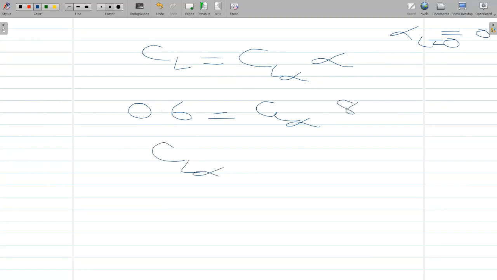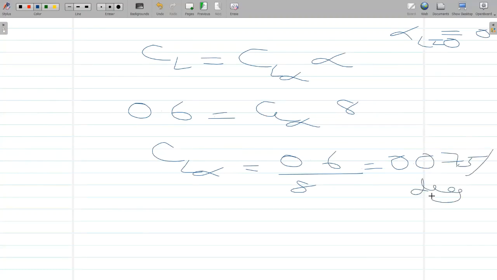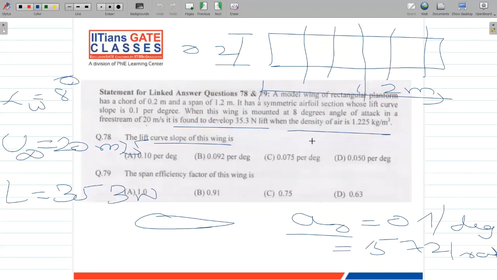CL alpha is nothing but 0.6 by 8, which is 0.075 per degree, which is option C. Very simple. We do not really have to use the lift curve slope of the airfoil till now.